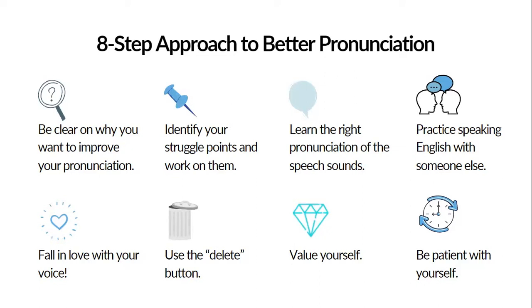And the next thing is, now, when it comes to pronunciation of English words, you can't say any word correctly in any language if you're not saying the sound of that language correctly. I mean, the speech sounds. So you have to learn the right pronunciation of the speech sounds of English language.